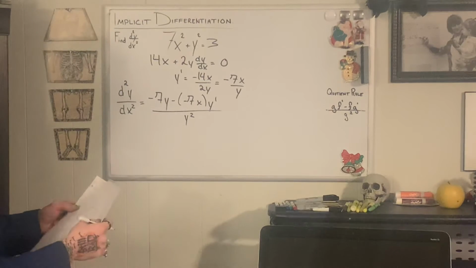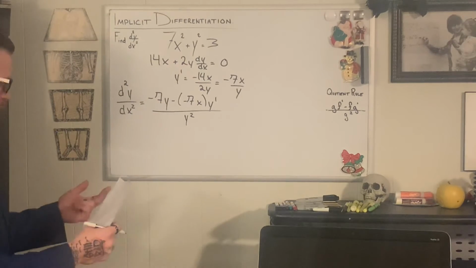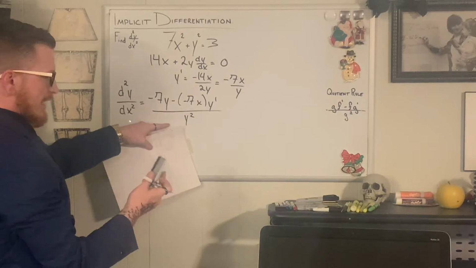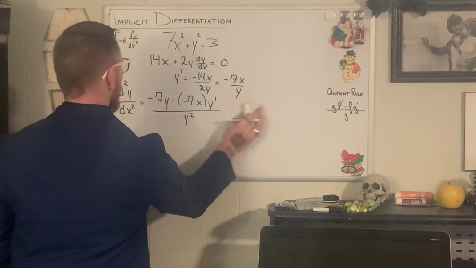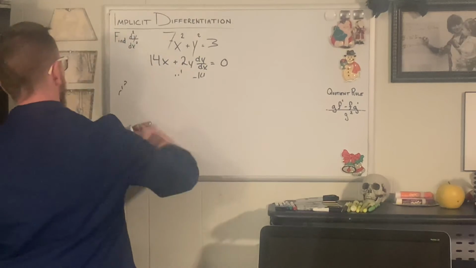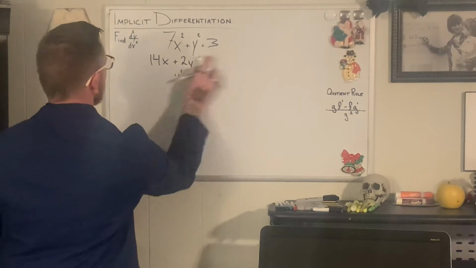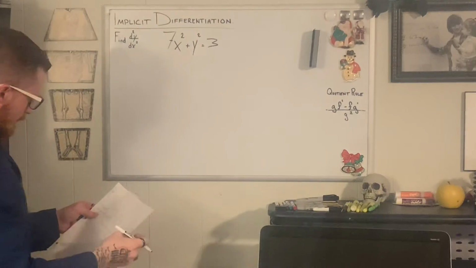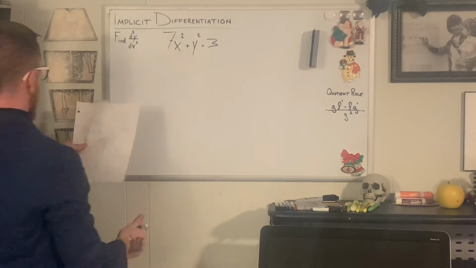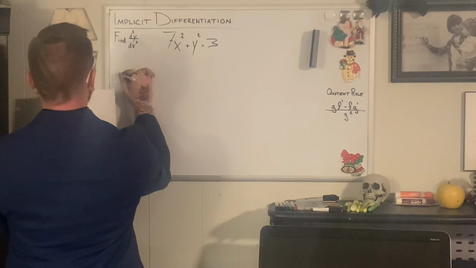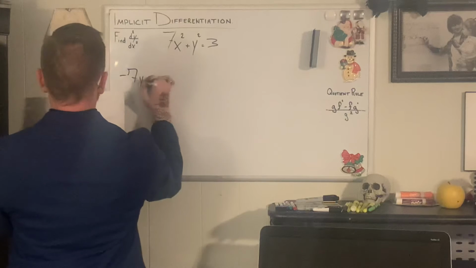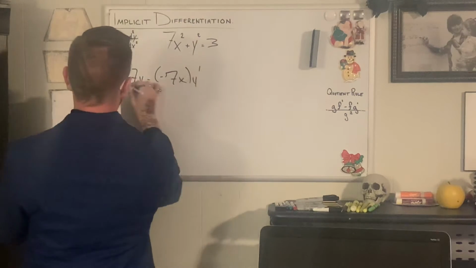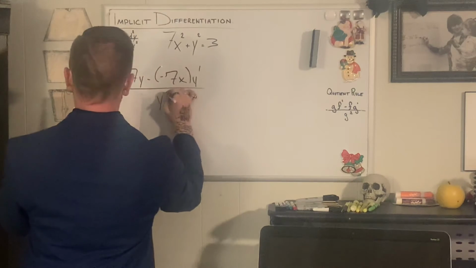Okay, so at this point, I will make some room on our whiteboard, and we're going to just algebraically simplify this down as much as we can. Okay, so we have minus 7y minus 7x y prime all over y squared.